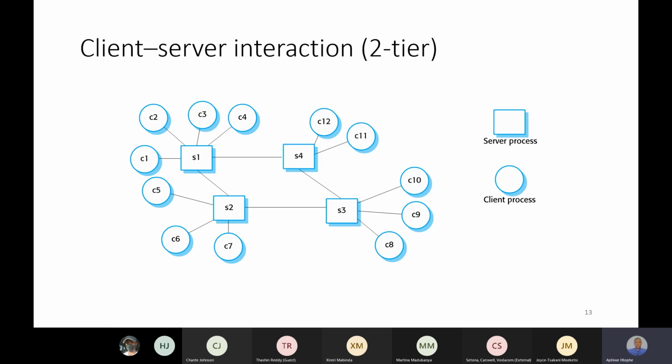So if you are using thin clients, then this is how your architecture would look, okay? The squares will represent the server, and the circles will represent the clients, and the different clients will connect directly to the server.